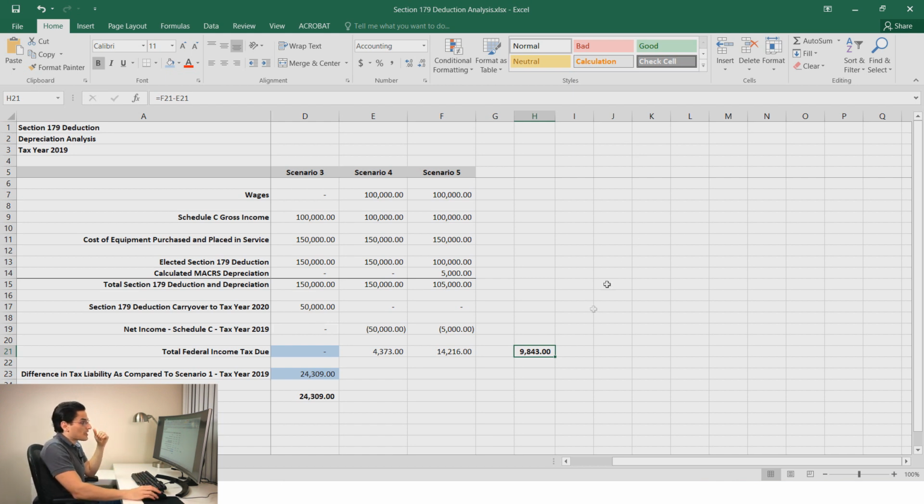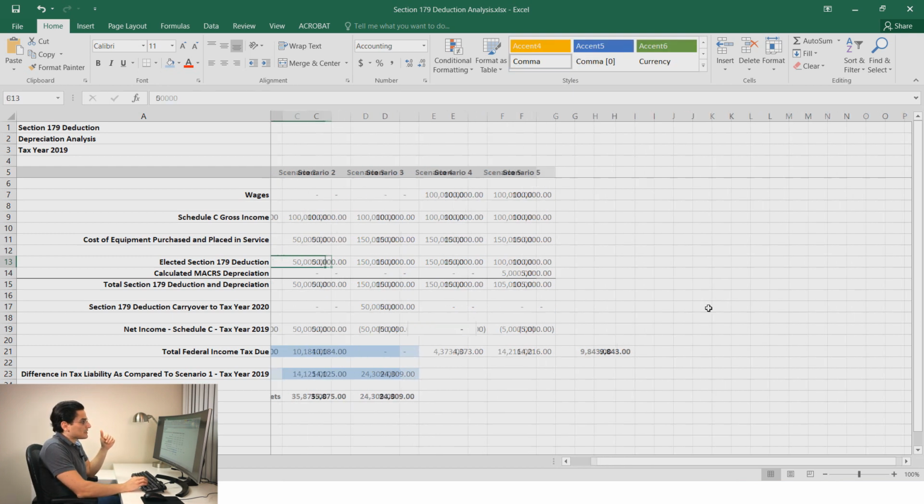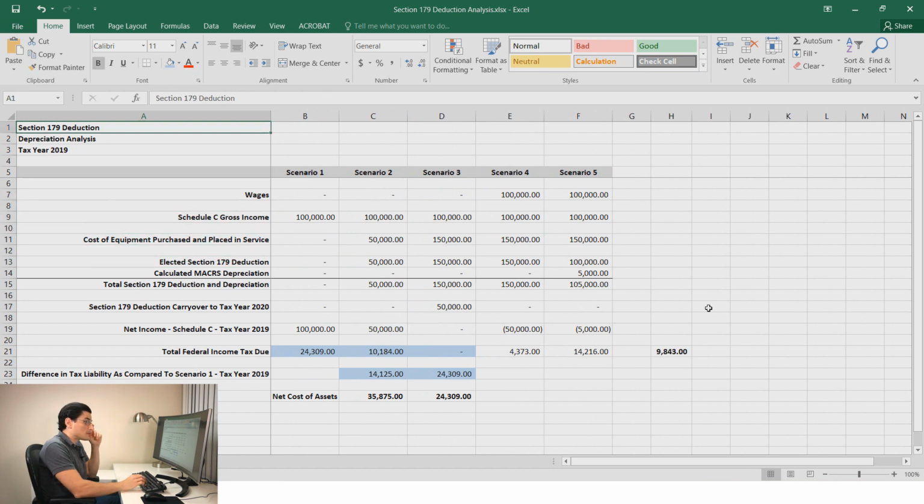So that's why I put together these multiple scenarios here so you can see how this plays out on the actual tax return with different iterations being put into play. Now, obviously, this can get much more in-depth because there's not only Section 179, there's bonus depreciation, there's other provisions that allow you to write off assets that you placed in service, and this can get extremely complicated.